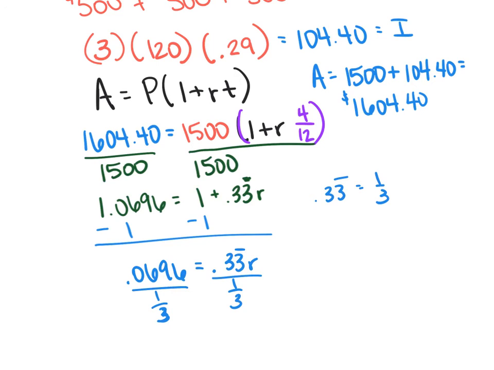And if you divide a number by 1/3, it's actually multiplying by 3. But we can go in our calculator and do 0.0696 divided by 1/3. And I get an R that's equal to 0.2088. So the interest rate for this is 20.88%, expressed as a percent.